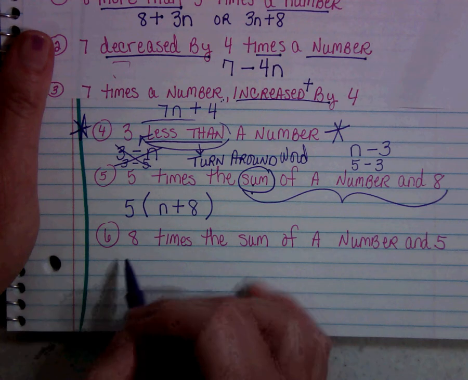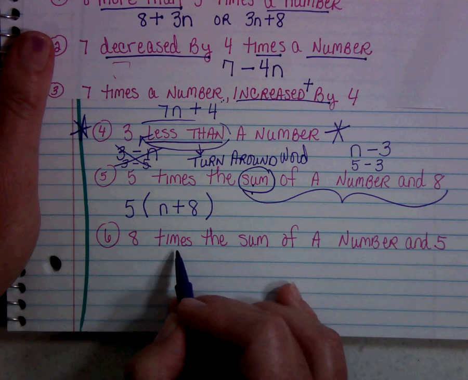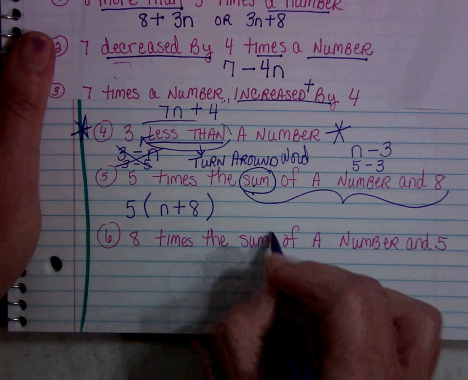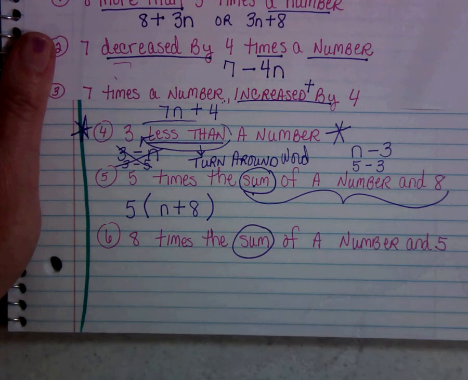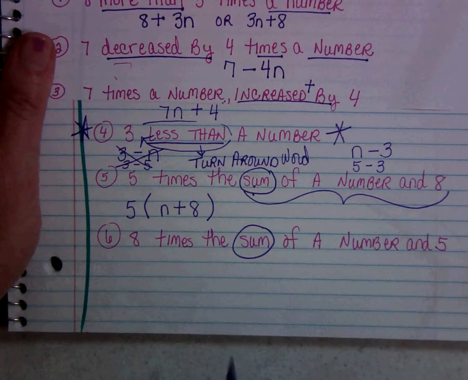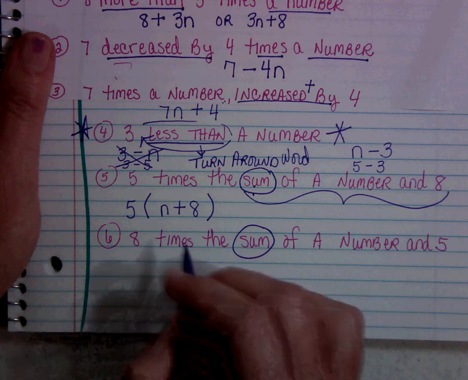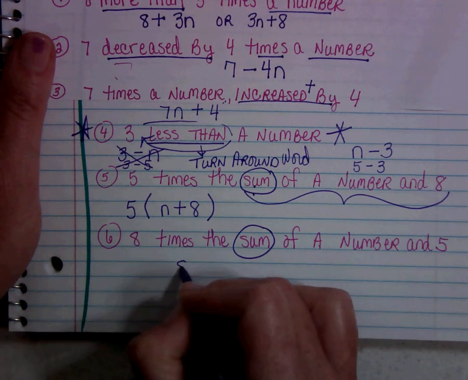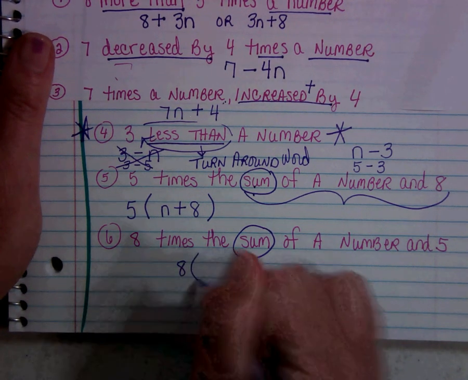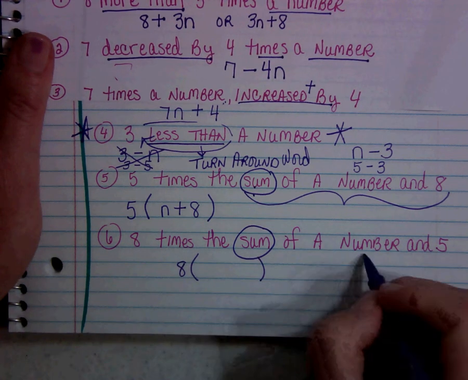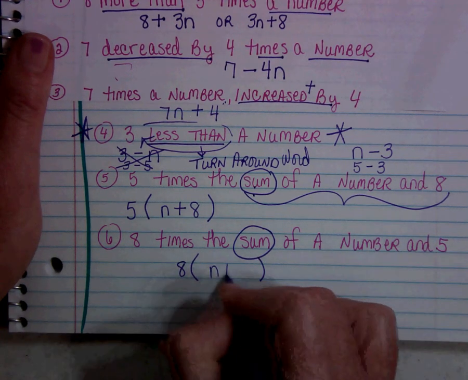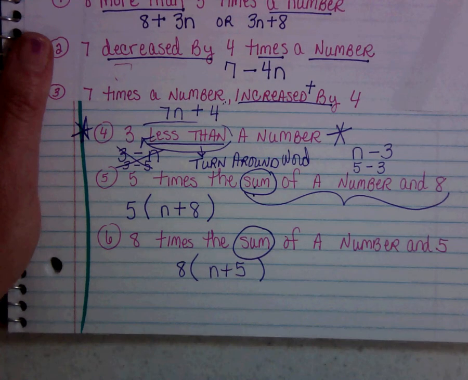Okay, here's another one. 8 times the difference of a number and 5. I meant to put difference here, but that's okay. We know difference means subtraction. So again, this would be an example where we would say 8 times parentheses n minus 5.